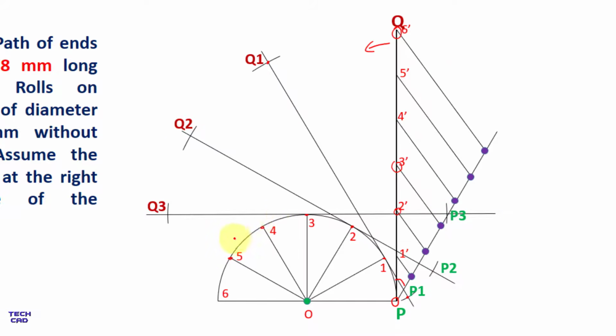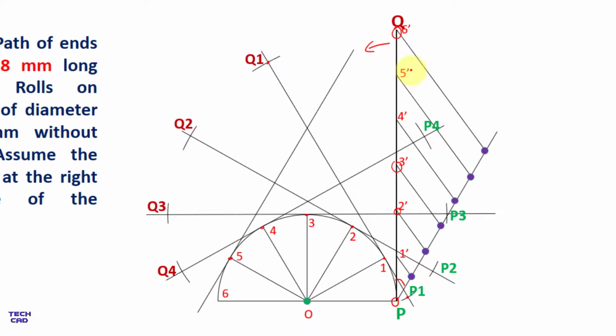Now for the next position of the rod, put your compass on 4 dash and measure 4 dash to Q, put your compass on 4 and mark an arc over here, and it represents the Q4 point. In the same way, measure from 4 dash to P point, put your compass at 4 and mark an arc over here, and it represents P4. The next position of the rod is this one.